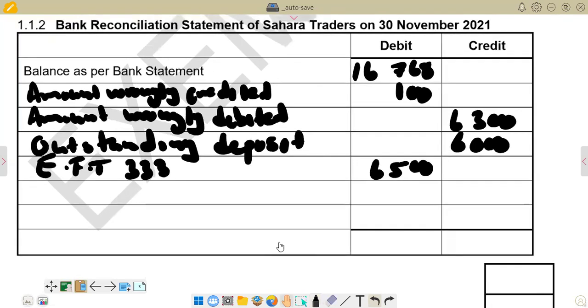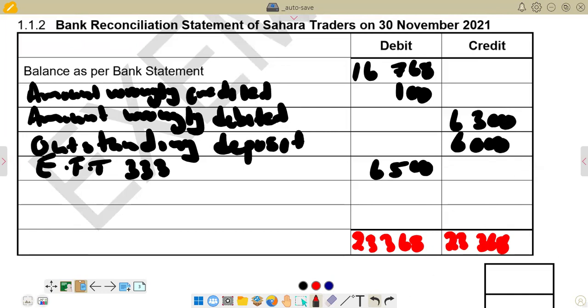You see that the total of debit is going to be the greater total, which is an amount of 23,368. Greater total, which is on the debit, is going to appear on both sides. And then we say that greater total minus what we have on credit, so it's the total of credit.